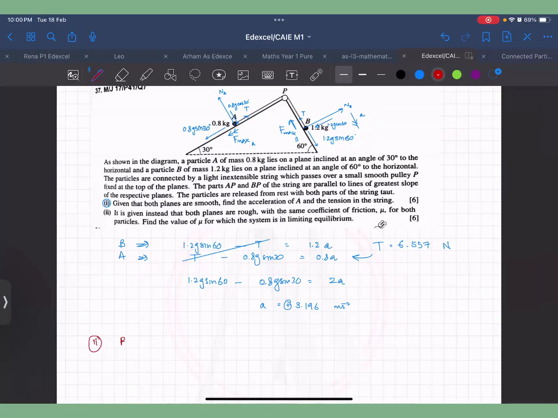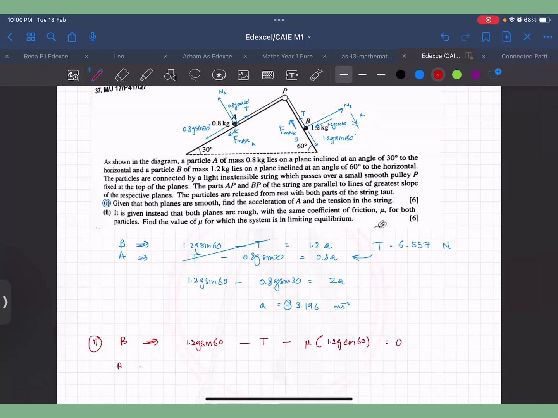So the equation for B becomes 1.2 g sine 60 minus tension minus force of friction, which would be mu times N, N is 1.2 g cos 60, is equal to 0.